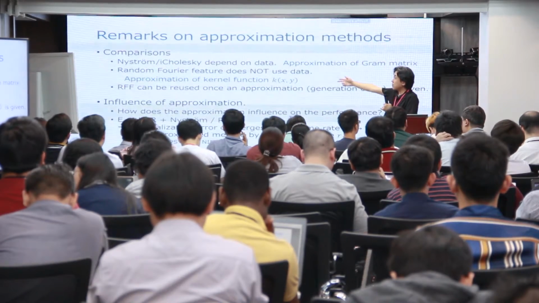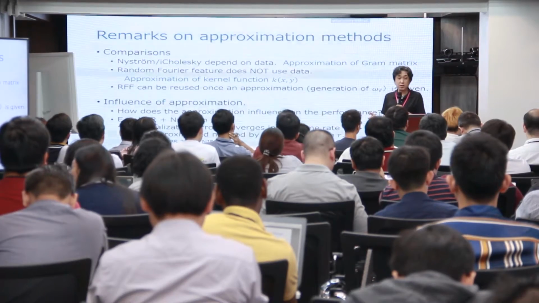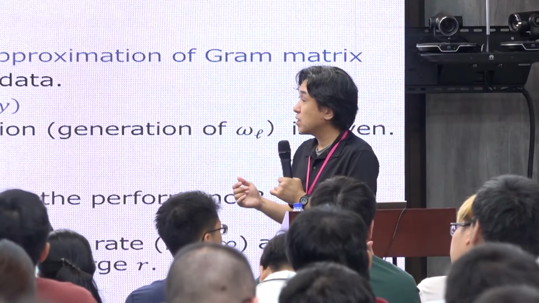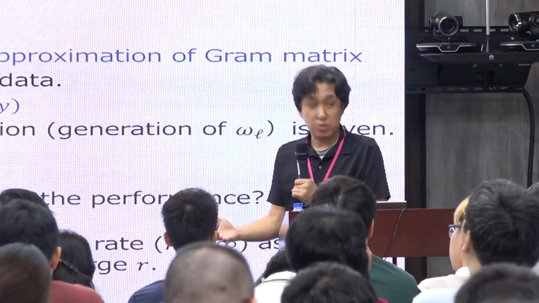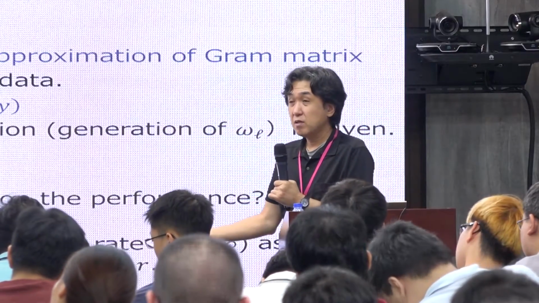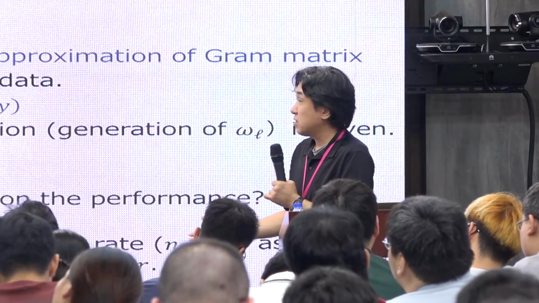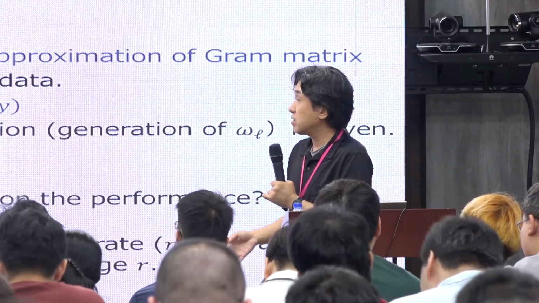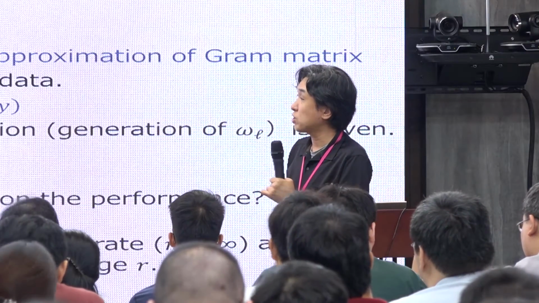However, the random Fourier feature is an approximation of the kernel function and doesn't depend on data. So in some sense, that approximation can be reused for arbitrary data. But because it doesn't depend on the data, the approximation efficiency is less than the Cholesky decomposition or Nyström method.